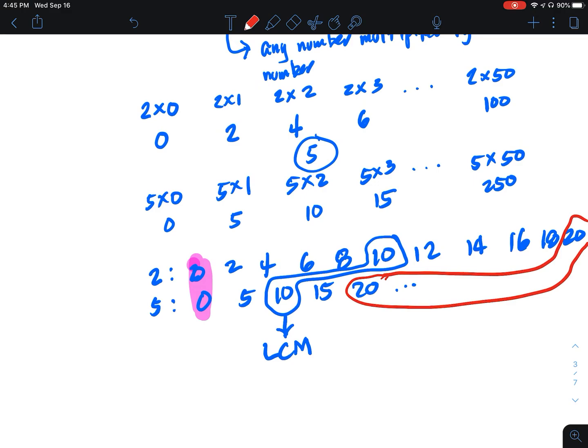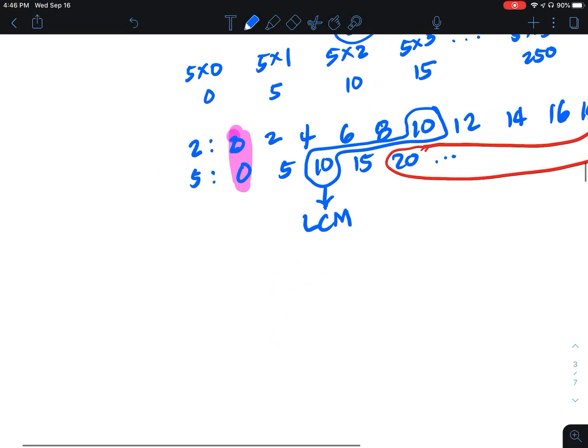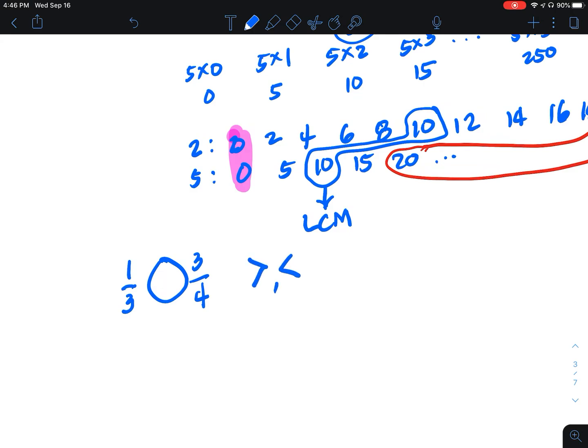Let's take a look at how it's done with fractions. Let's say I have 1/3 and 3/4. If I am going to compare these two fractions, I'm going to put a circle here, and I need to write a greater than, a less than, or an equal sign inside that circle.